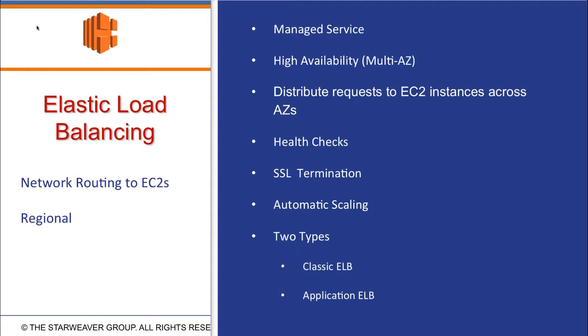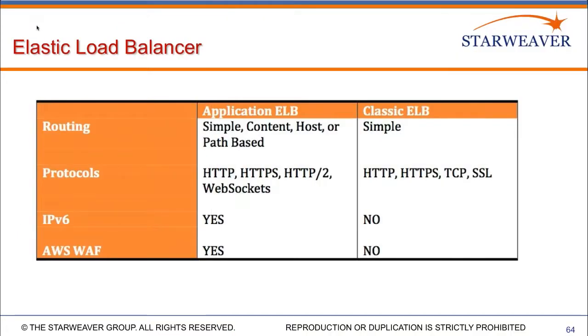All right, and there are 2 types of ELBs: the ones that we've had for years, that is now called Classic ELB, and then there is a layer 7 ELB known as an application ELB. Okay, so here are the differences between the 2. Let's start with the classic ELB. It is just simple routing, and basically by default it sends requests to instances that have the least number of outstanding requests.